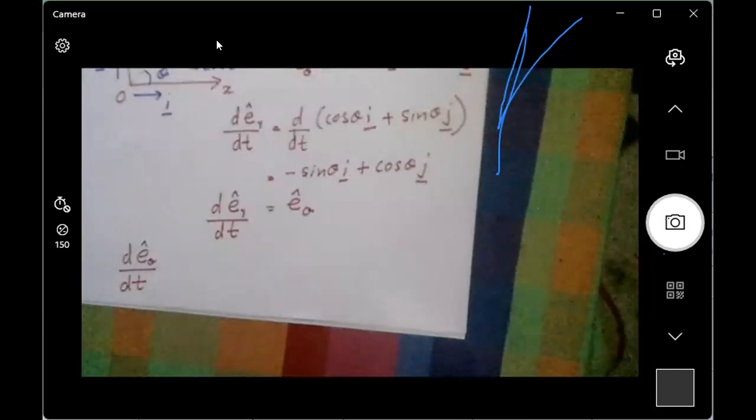As I told you, not all unit vectors are going to be zero when they are differentiated with respect to time. So we are going to follow the same procedure.